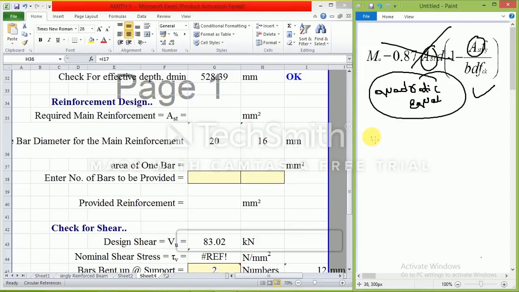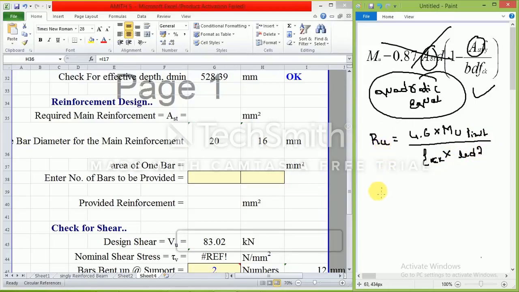So for this, I had made two simple equations. First, you need to find some constant. That is, Ru is equal to 4.6 into Mu limit divided by fck, that is compressive strength of concrete, that is 20, b d square.